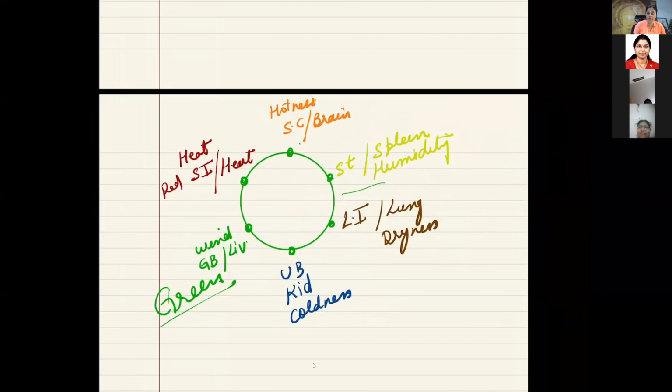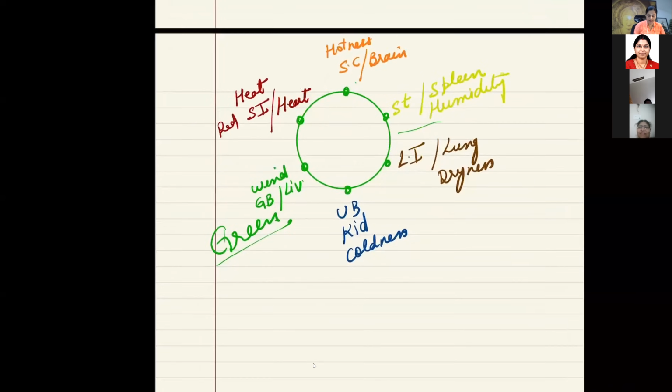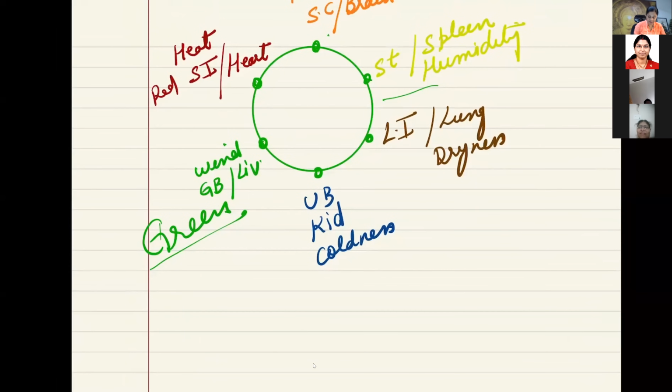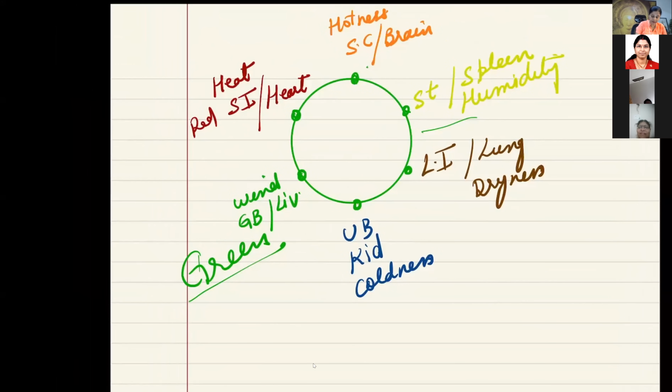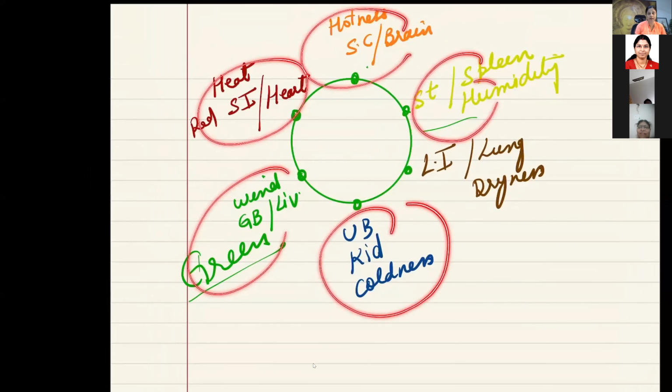For large intestine problems, if a person has chronic constipation, chronic lung disease, or asthma, then brown color is very good. And for UB and kidney, blue color is very good to strengthen them. Now these are the tonification colors.